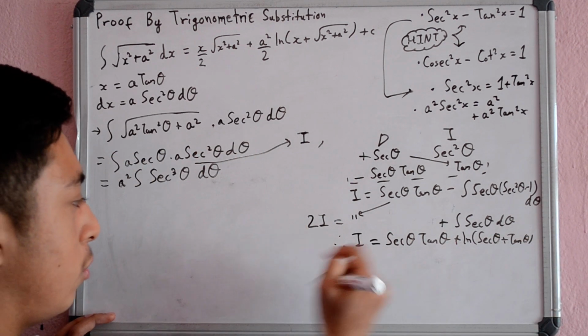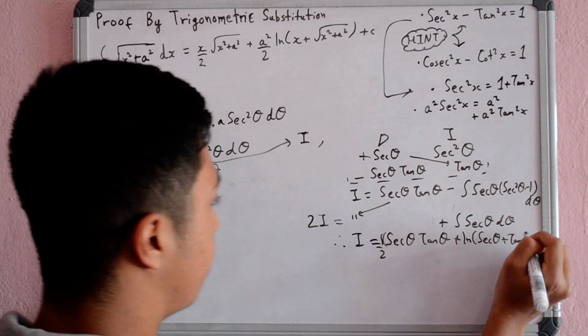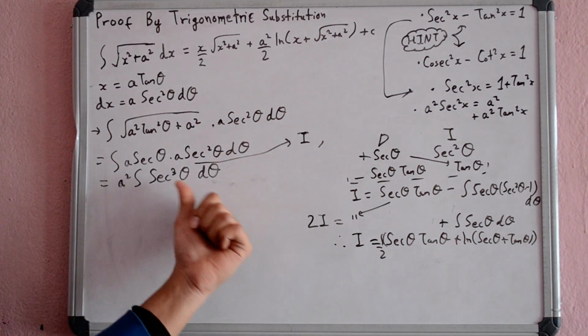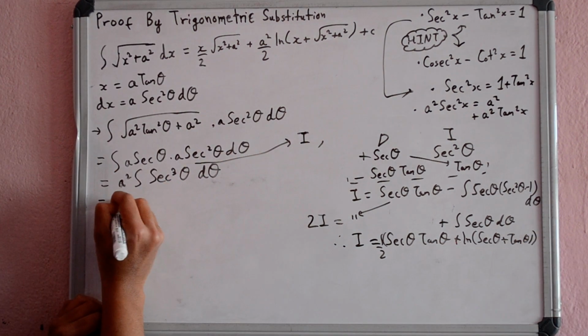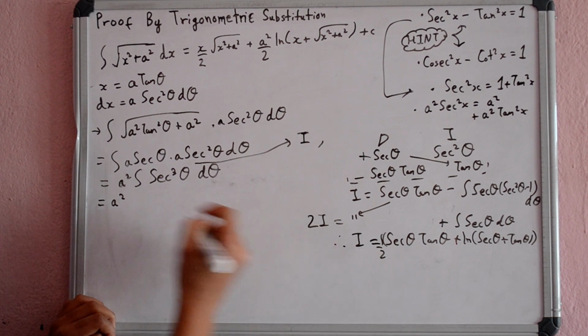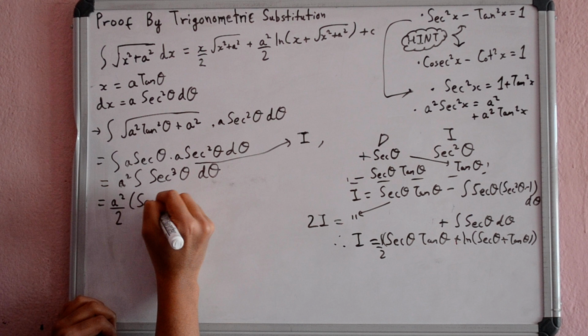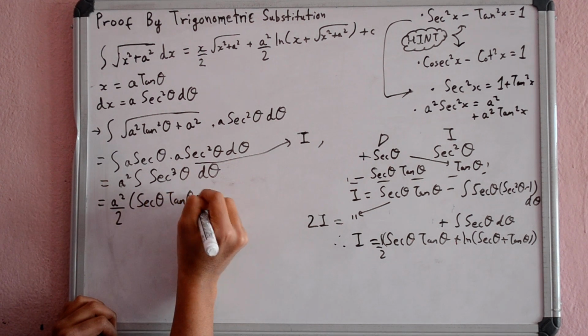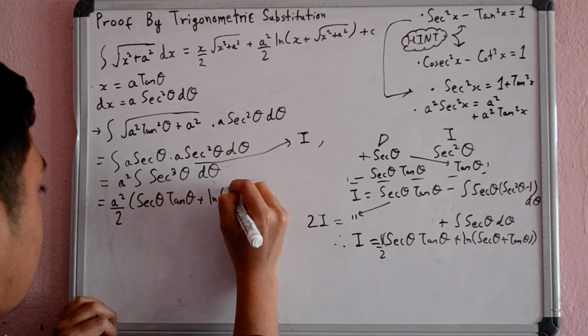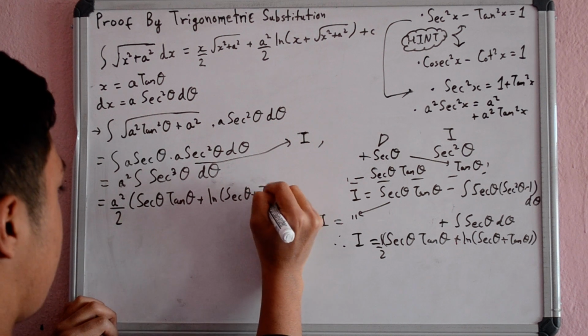And since we have 2 right here, we need to divide by 2. So that is the integration of sec cube theta. Let's put it right here. This by 2, I'll put with a square bracket, sec theta tan theta plus log natural of sec theta plus tan theta.